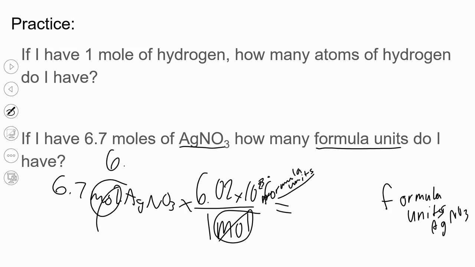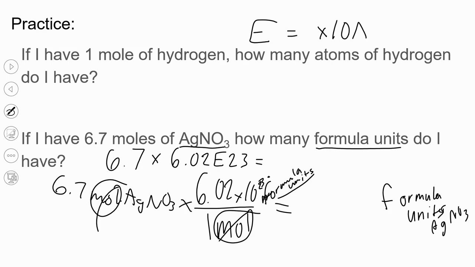So this is what I'm putting in my calculator. 6.7 times 6.02, capital E, 23. So on your calculator, the capital E button is the same as times 10 to the. I use that as a shortcut. So just make sure that you know how to do this on your calculator.